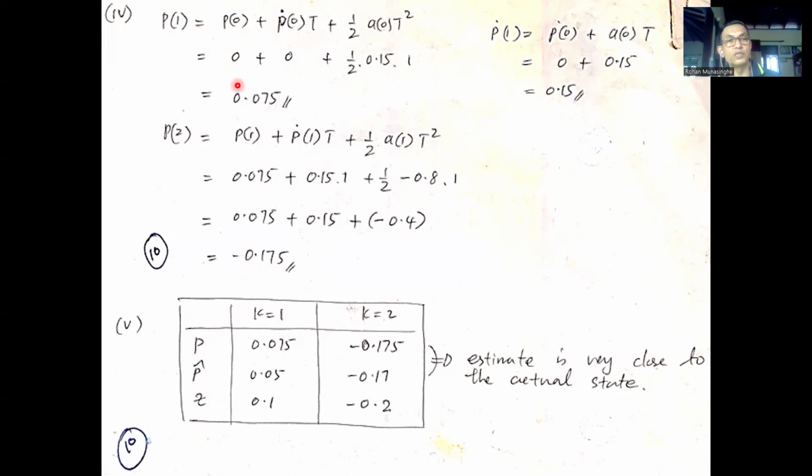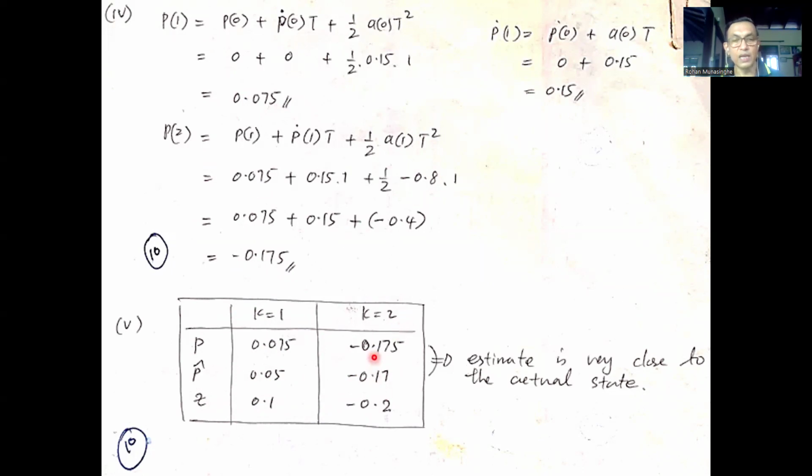You can see it over here, K1 and K2, actual position from these two equations, 0.075 and minus 0.175. That is the true position of the spacecraft. And these are the two estimates of the Kalman filter, 0.05 and minus 0.17. And these are the measurements, 0.1 and minus 0.2. This is not anything conclusive, but it gives an idea of how the Kalman filter behaves.